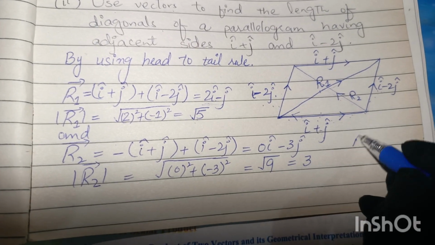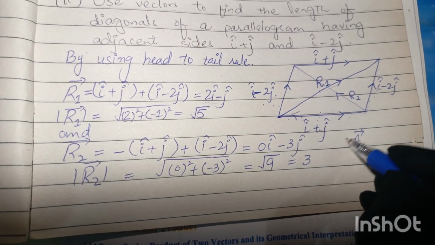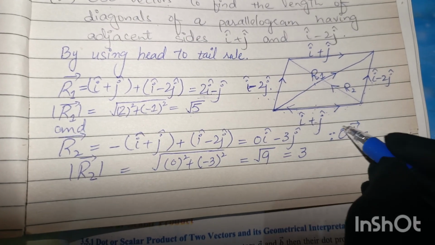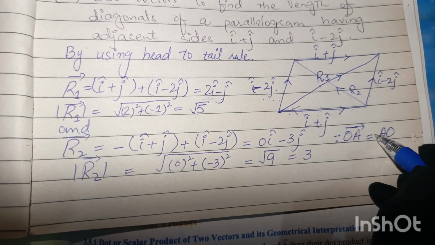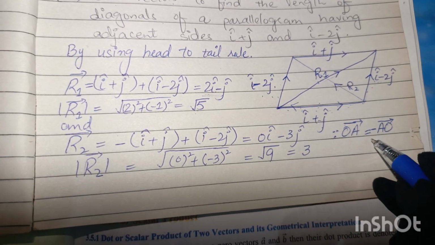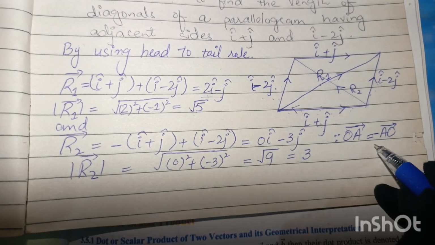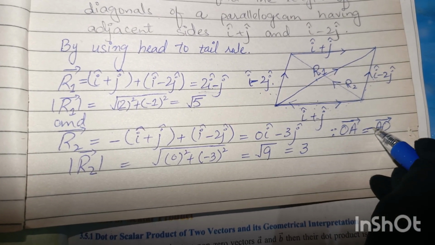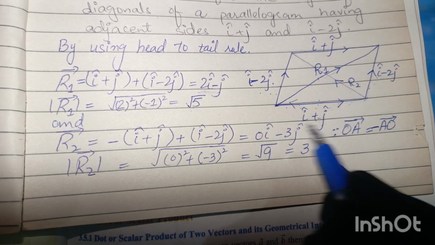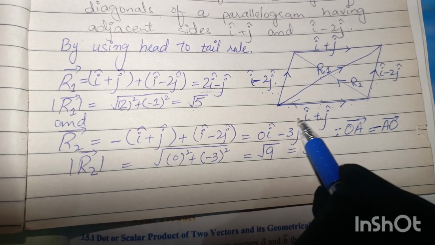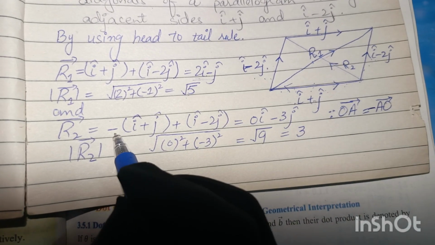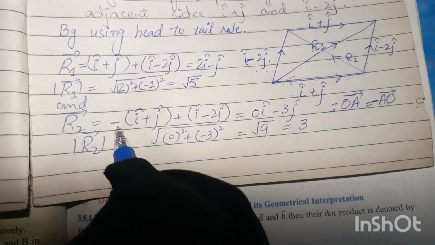One formula you have to remember in your mind is OA is equal to minus AO. It simply means if you change the direction of a vector, you simply put a minus sign with the changed vector. So we have to change this vector, so a minus sign will be put here. It makes it minus i minus j. That's why I write a minus sign over here.